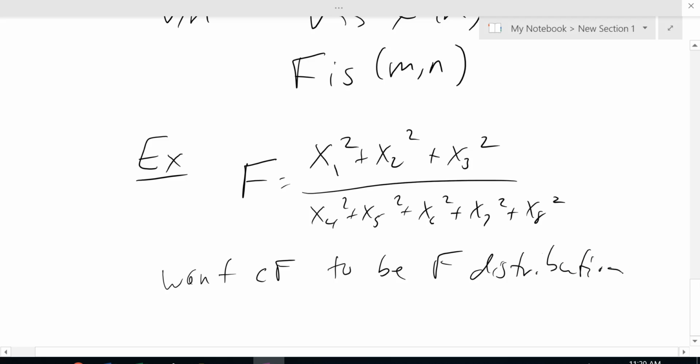What do I need to multiply this capital F by to be an f distribution? I think I wrote 5, didn't I, Bob? Yeah, so in the numerator we need to divide it by 3, right?